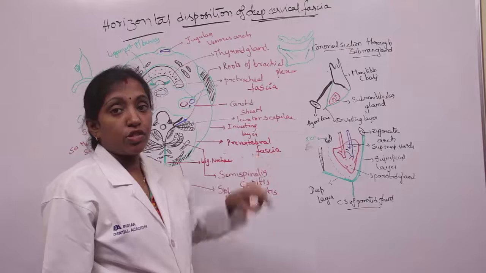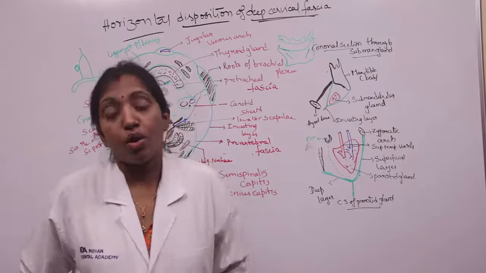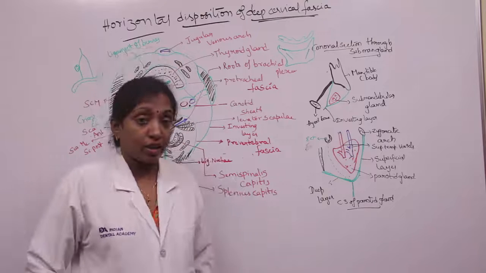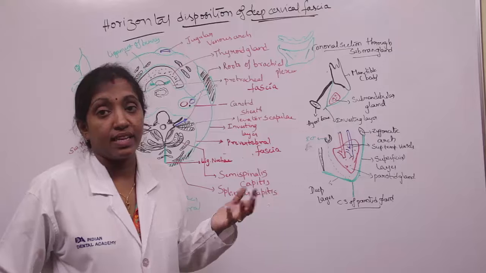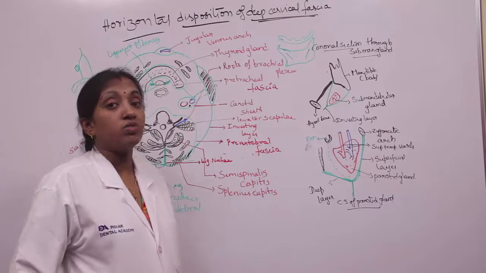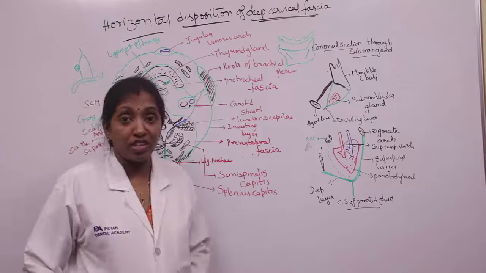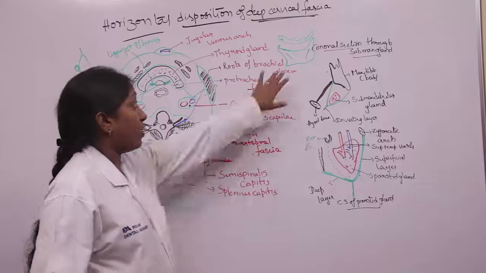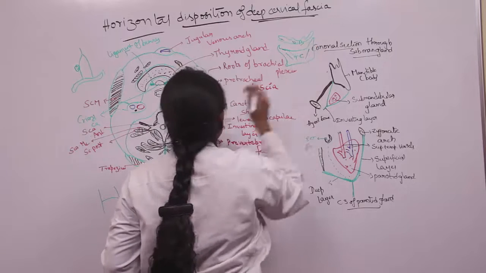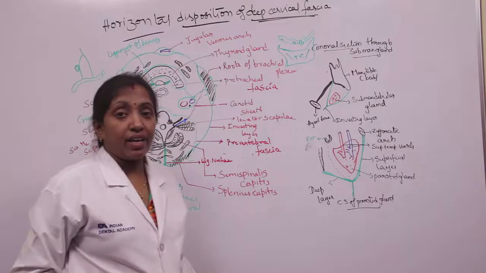From the oblique line of thyroid cartilage, we know that various muscles get inserted and attached. The thyroid gland moves up and down with deglutition because of the attachment of the pretracheal fascia to the hyoid bone, thyroid cartilage, and also to the cricoid cartilage. So that's about the pretracheal fascia.